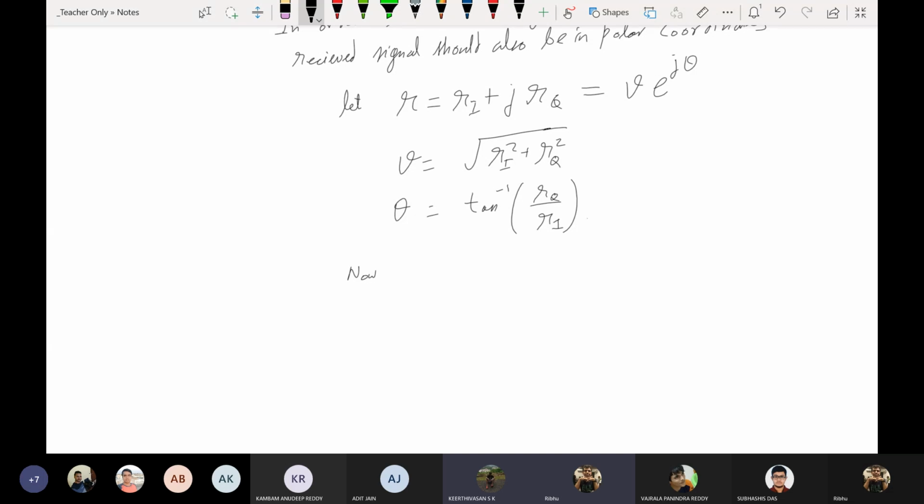The magnitude doesn't matter here. The magnitude will eventually matter, but the decision regions are based on theta. You are right. So here also, if we are finding error, the error will depend on theta, right?